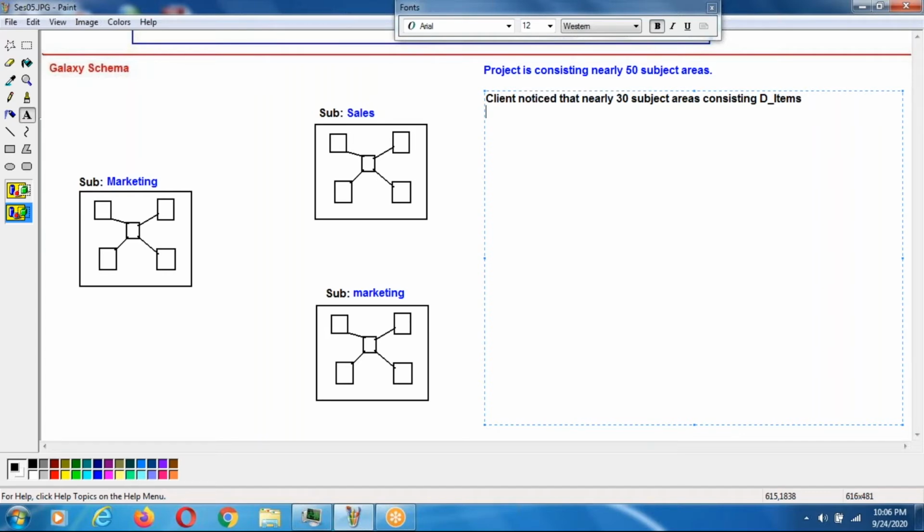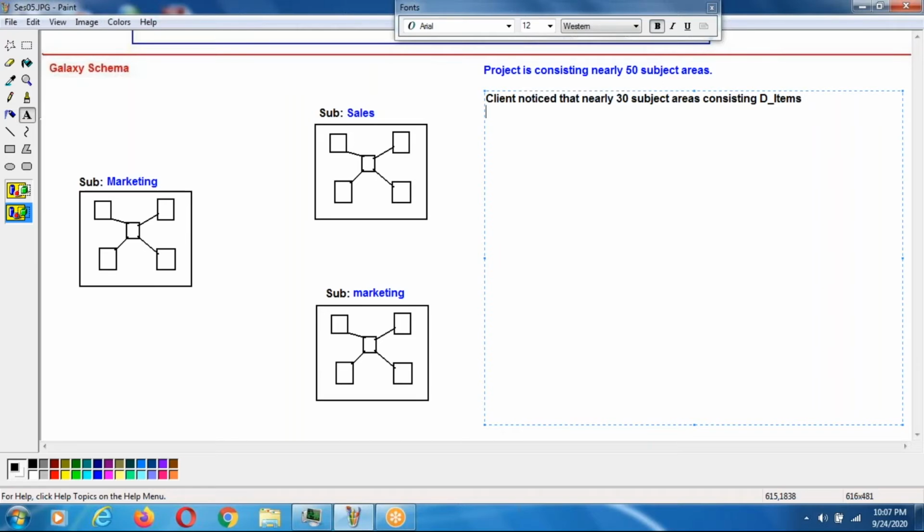So what does the architect have to do now? To create one table and put all 30 subjects in there. Maybe try to convince the client by placing this d underscore items table in each and every subject area.